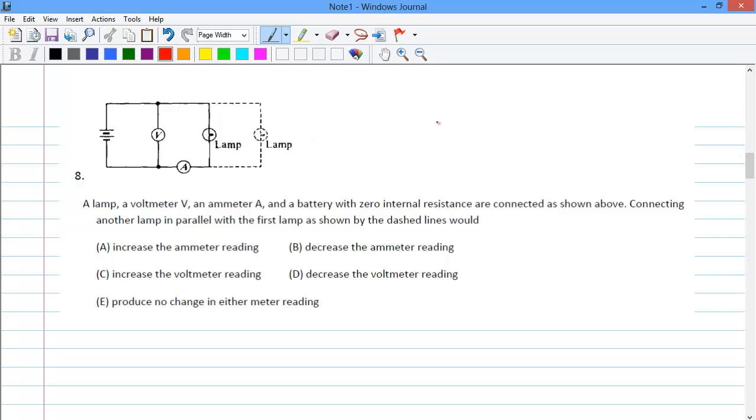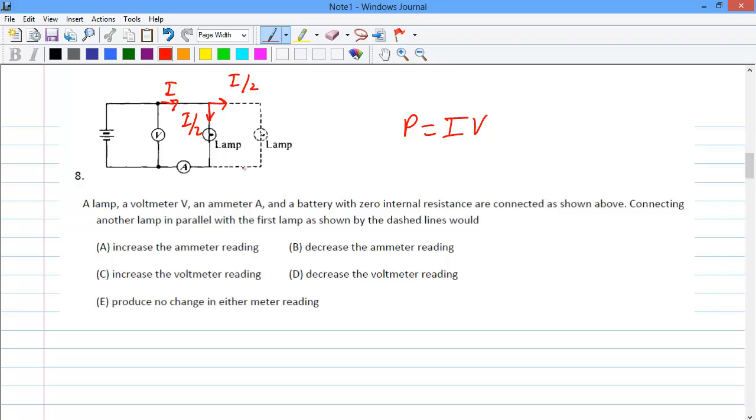The power the lamp radiates out as light is IV. When we connect it, the current is going to split. Let's say they both have the same resistance. If I had a total current I coming over here, this one's going to have half of it, and this one's also going to get half of it.